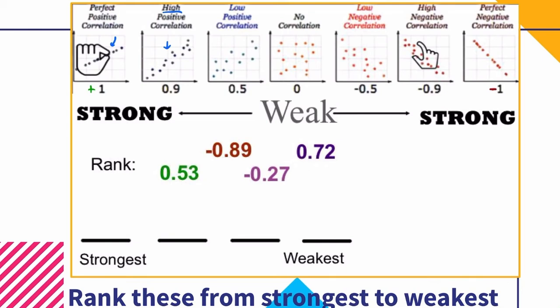You can think of it as 100% to a 90%. Then it drops a little bit more. They're starting to spread apart, and then all of a sudden there's absolutely no rhyme or reason, and there's no correlation. It's at 0. And then your dots can start to form in the opposite direction. They're coming together, but they're going downhill. And the closer they get together, the stronger your correlation is. So you can have a strong positive or a strong negative.